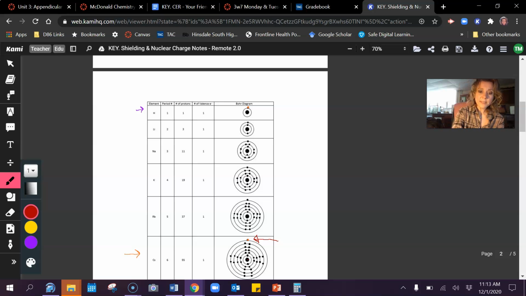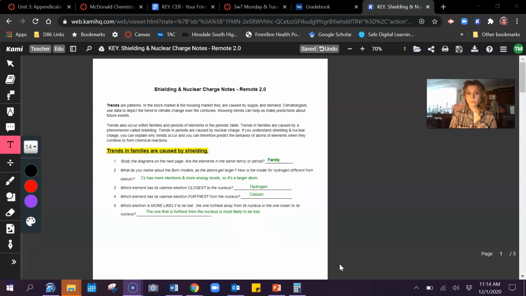But the nucleus in cesium has all of these energy levels around it, pushing the valence electron further and further away. So that nucleus is not going to have control over that valence electron, not as well as our hydrogen nucleus does. Even though our hydrogen nucleus is small, it has only one proton. It's only got one ring around it. So it's going to be able to attract and hold on to that single valence electron very well. So here are the answers that you should have on page 1 of your handout.